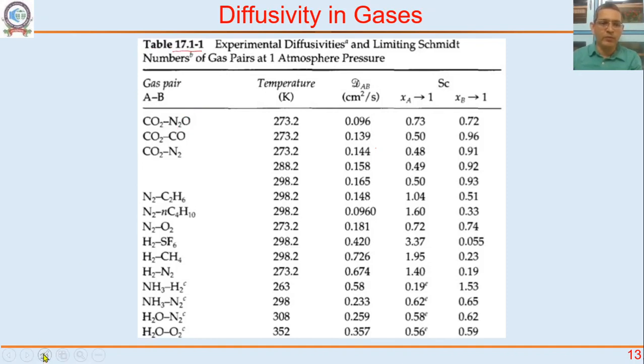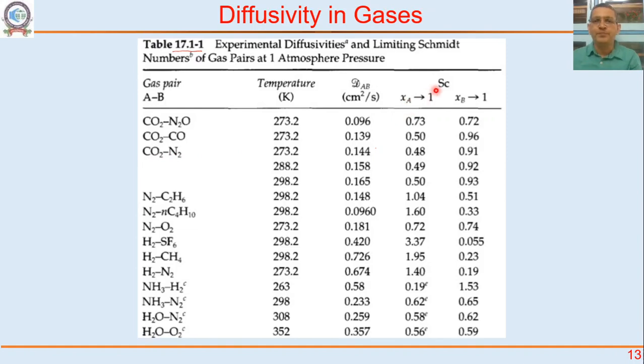A couple of things I would like to emphasize. This tells you the diffusion in a pair of gases. So when you say A and B, A is the component that is diffusing, B is the medium in which A is diffusing. So for example, when we take CO2 and nitrogen, it is the diffusivity of carbon dioxide gas in nitrogen gas. And you can see a couple of things.